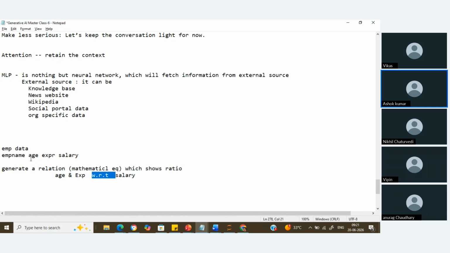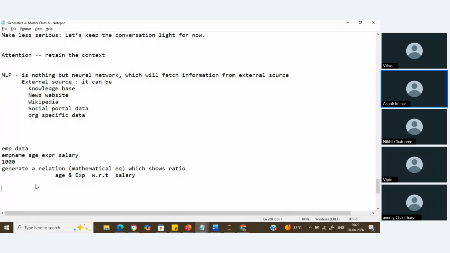So if I'm having organization employee data, say 1000 employees, I'm able to generate a relation between age, experience, and salary. So I'm able to create a mathematical equation, which shows in what ratio age and experience are impacting the salary.